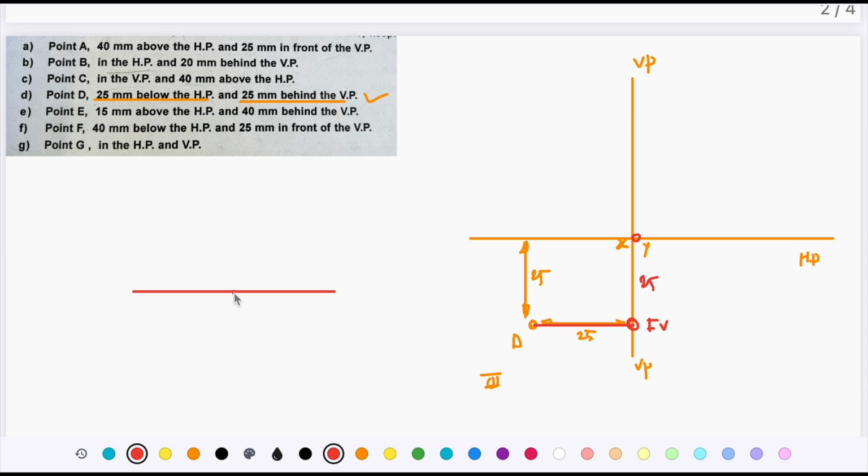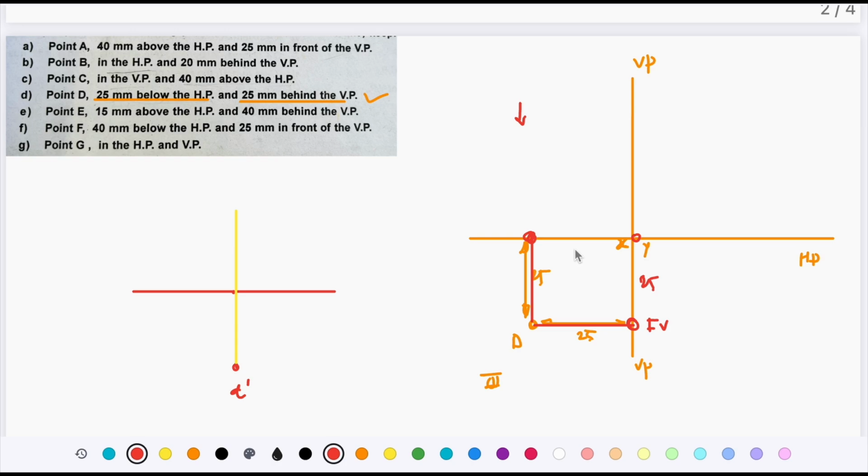So below XY line at a distance of 25 you will get D dash, and on the same projector you draw its top view, the top view will be projected over here.